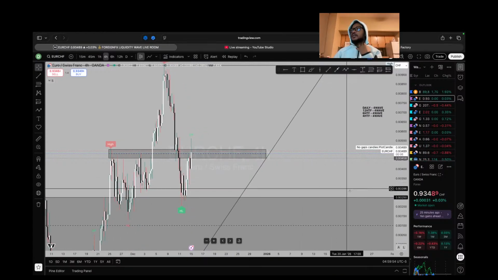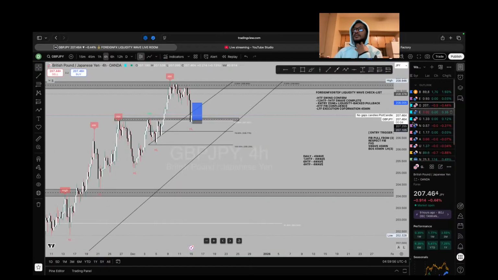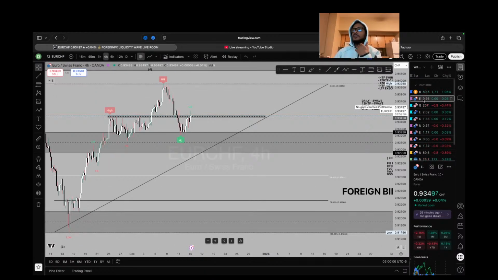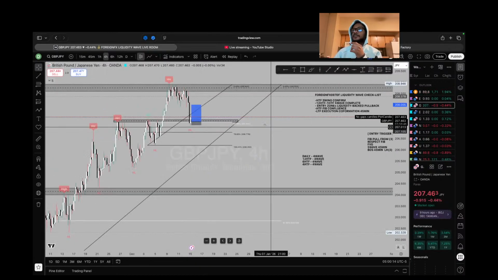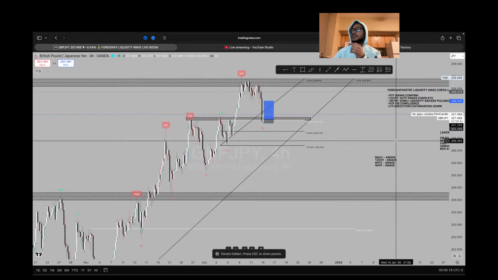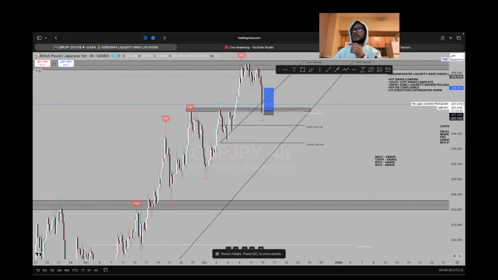Big rejection. Sheesh. Alright, the 4-hour is over it. If this doesn't pull back, it makes no sense to enter. We want to see a higher low on the 4-hour. And GJ is still pumping.